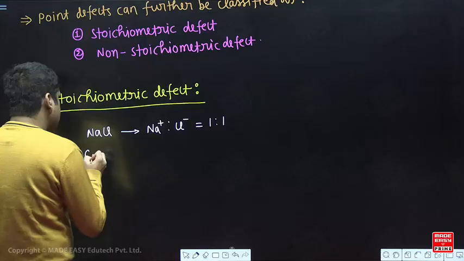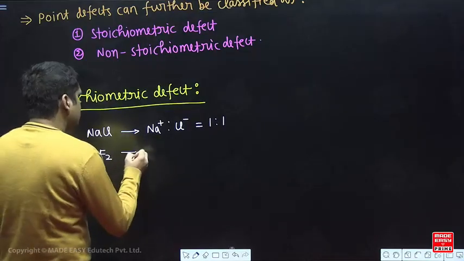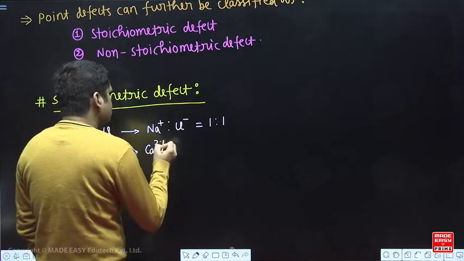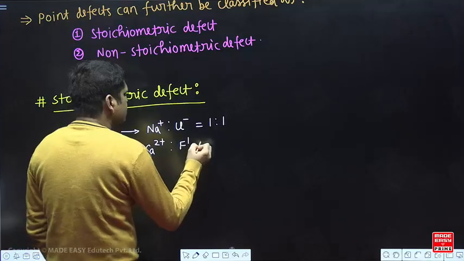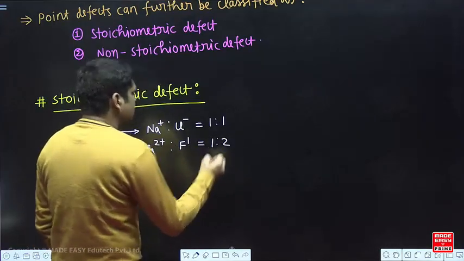Suppose we have calcium fluoride, CaF2. This chemical formula is telling us that the ratio of cation to anion must be 1:2.